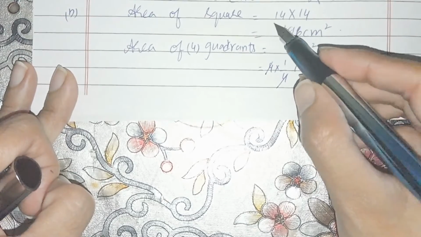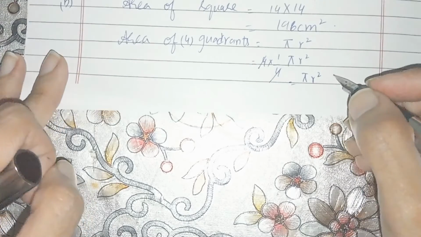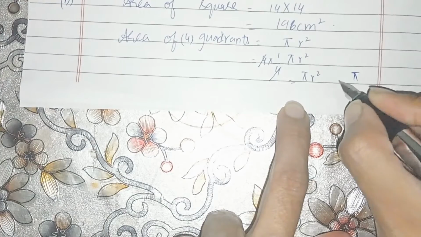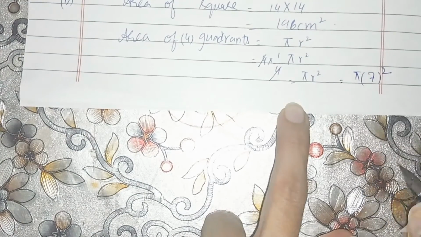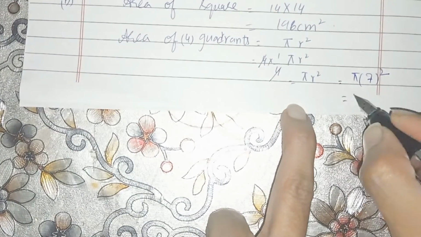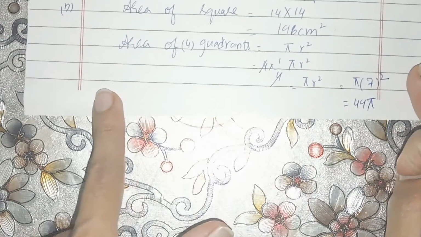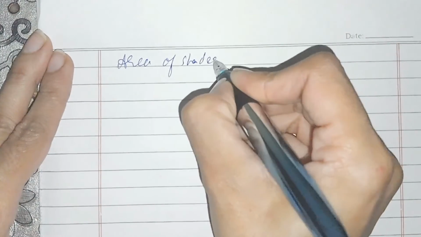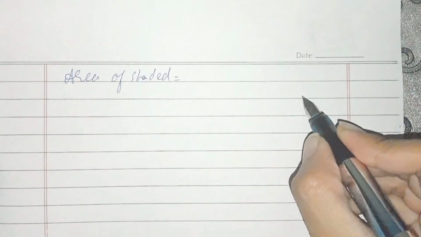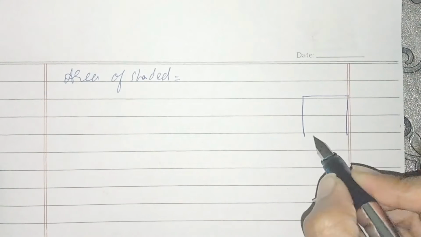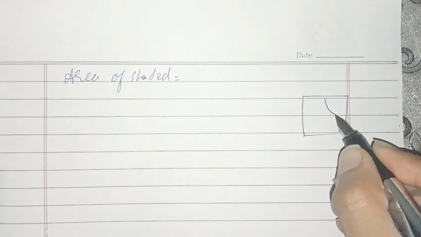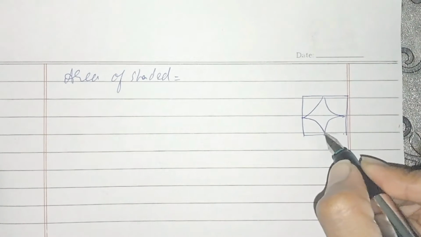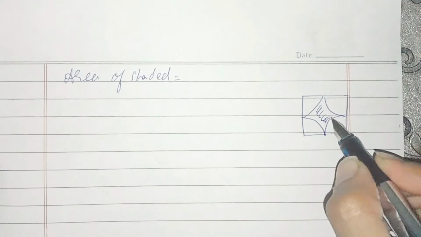That is the diameter, and when we convert it into radius, we divide it by 2 and we get pi r square is equal to pi times 7 square, and this is 49 pi. Now students, area of shaded region, that is a square, and that shaded area we have to find.